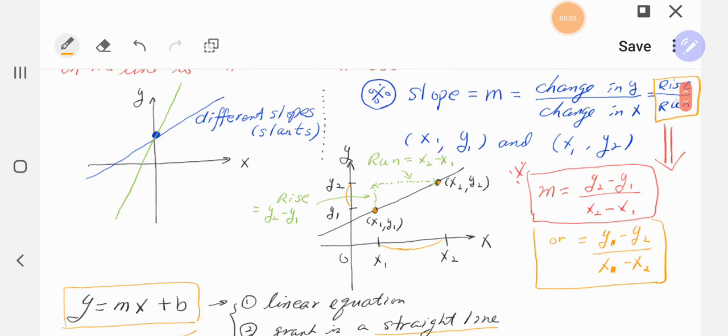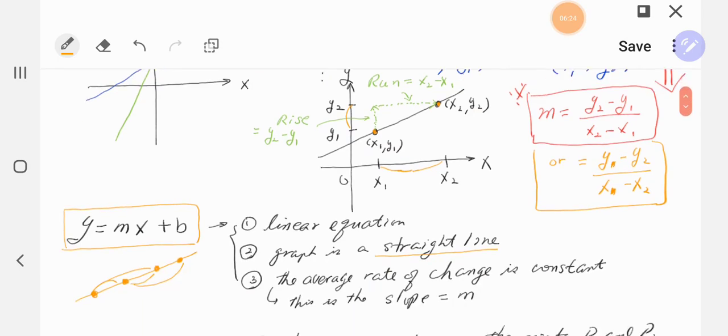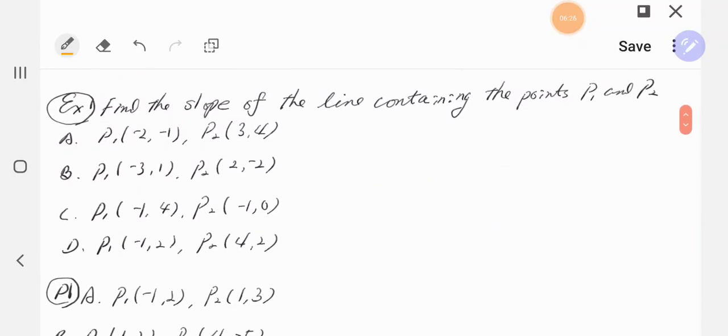For the run, the denominator, the distance between x coordinates, if you go right, then the value is positive. If you go left, the sign of run is negative. So up and right are positive, down and left are negative. Let's check this using an example.